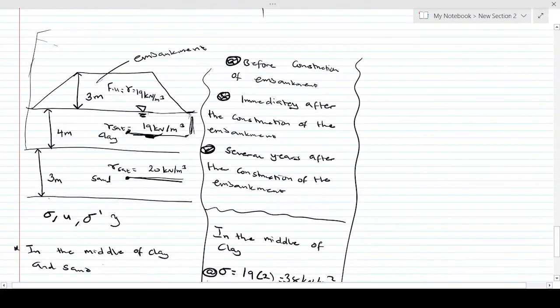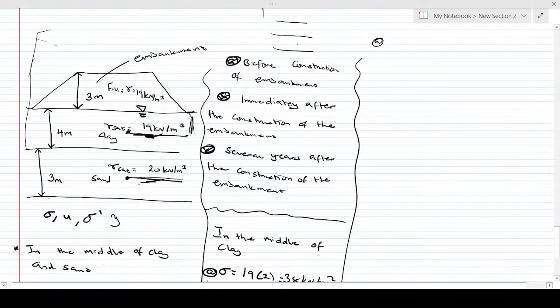We are going to consider the middle of the sand layer. With the same conditions, A, before construction of the embankment, meaning that this side is not available, so we are just going to have a layer this way.